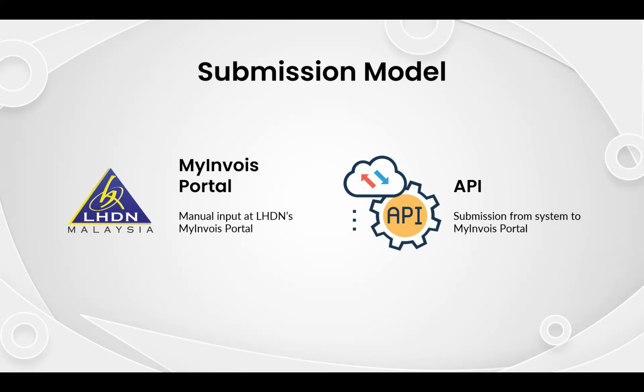So no one in Malaysia has ever seen the MyInvoice Portal yet. We don't know what fields we can fill in. So let's wait and see. But our API that links to the MyInvoice Portal is already done. It's ready. Now it's under testing only.